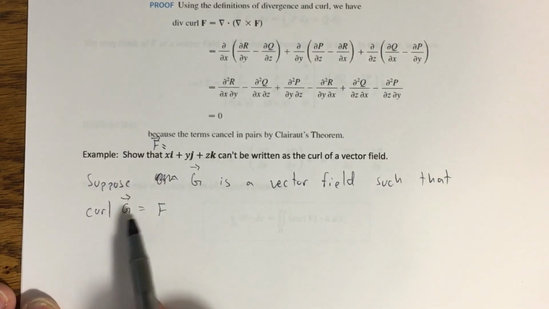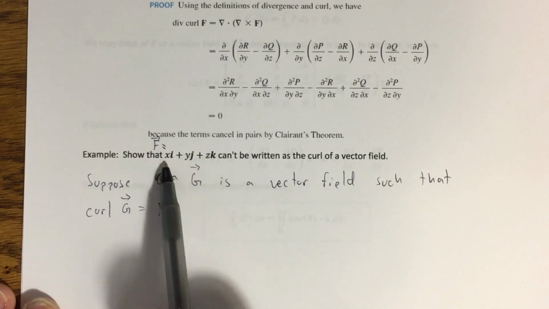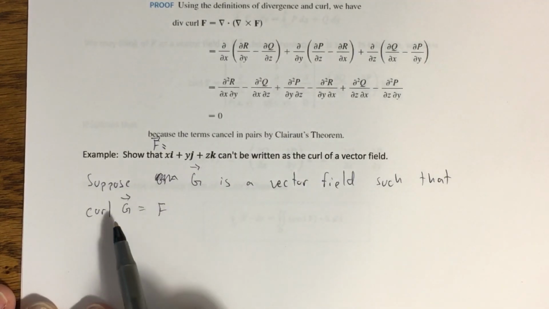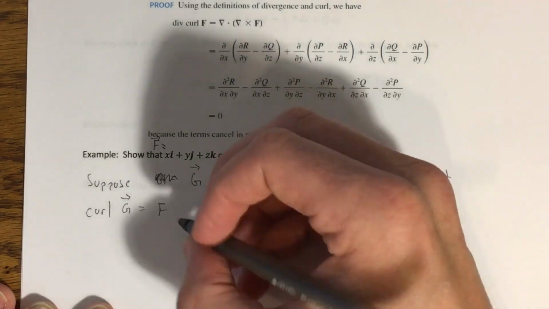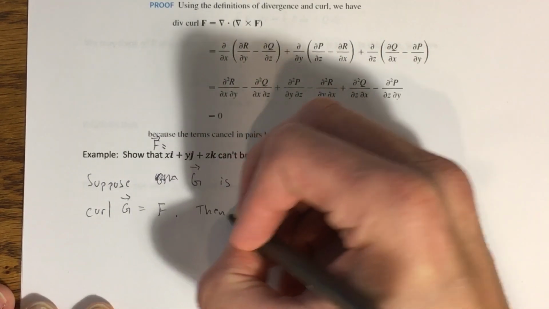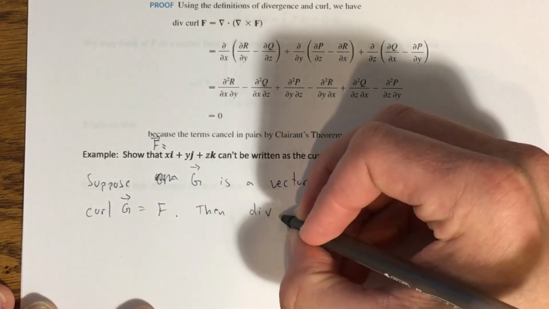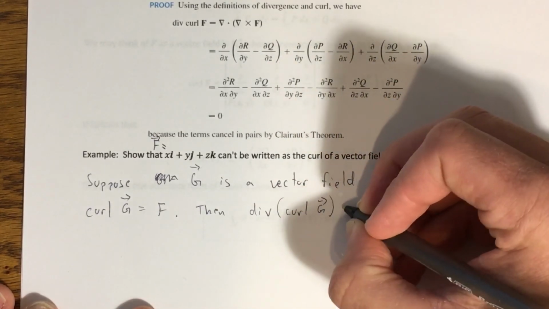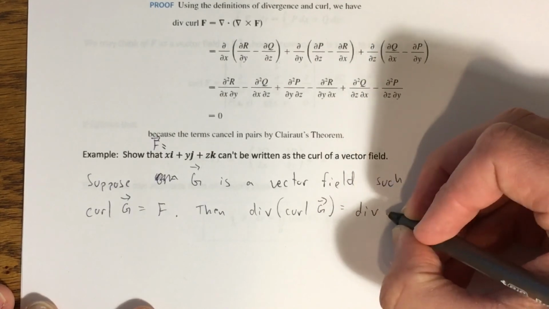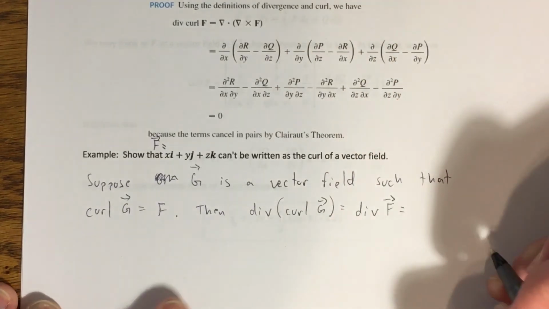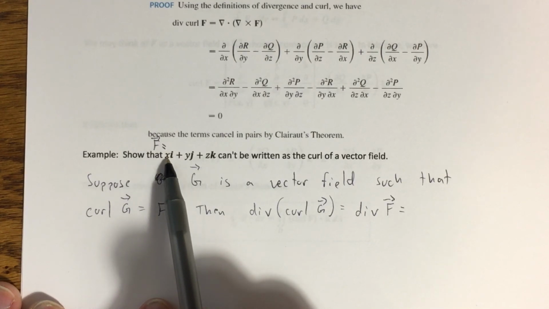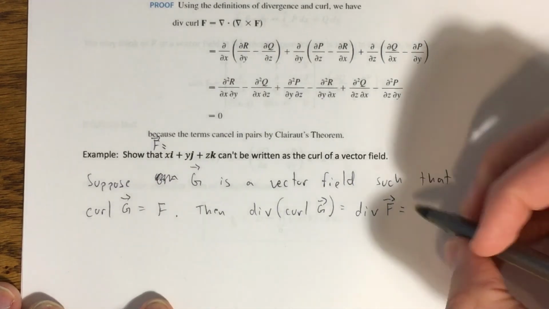If I could find a vector field G whose curl was the vector field that we were given, and if I wanted to use this theorem, what I could try to do is take the divergence of both sides. Then the divergence of the curl of G would be equal to the divergence of F, which we can do directly. The divergence would be the partial derivative of this with respect to x, then with respect to y, then with respect to z.